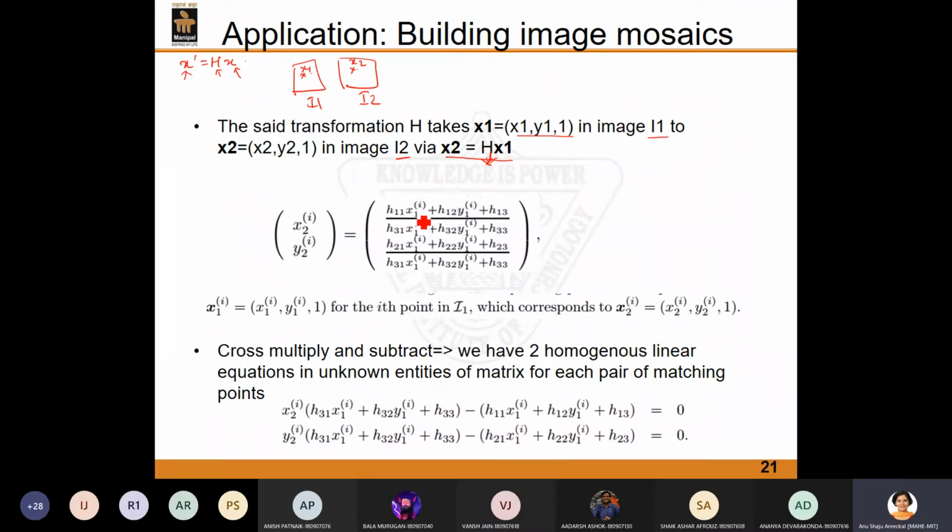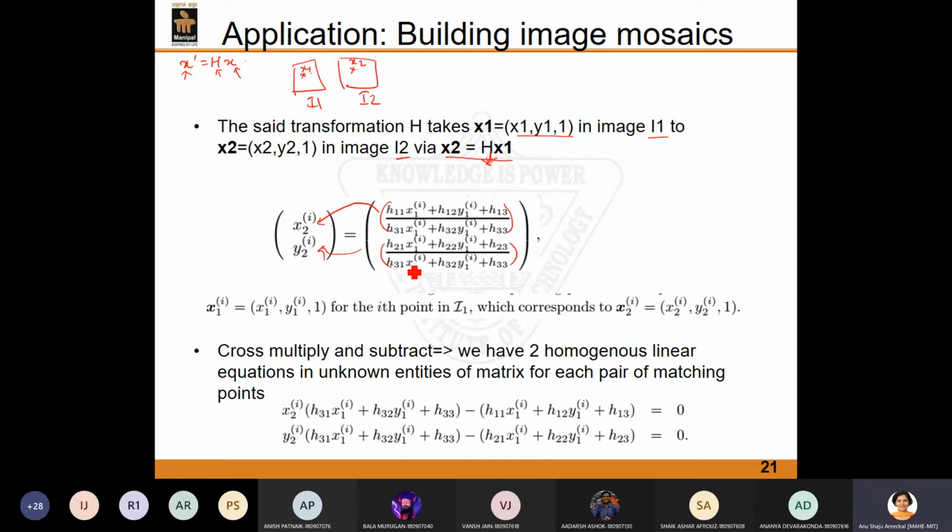So I can write it as h11 x1 plus h12 y1 plus h13, divided by h31 x1 plus h32 y1 plus h33. This term corresponds to x2, that means the x coordinate of the transformed point, or the point in I2, and this one corresponds to the y coordinate of the point in I2.